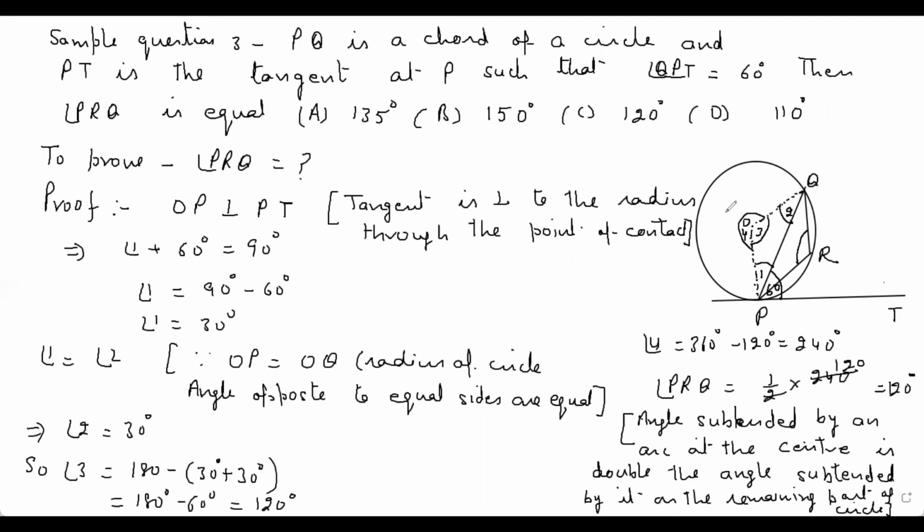If this angle is 240 degree, then this angle is 120 degree. Now this arc PQ has subtended 240 degree at the center. This arc PQ subtends half of this angle at the circle, that is 120 degree. So the answer is C is the option.